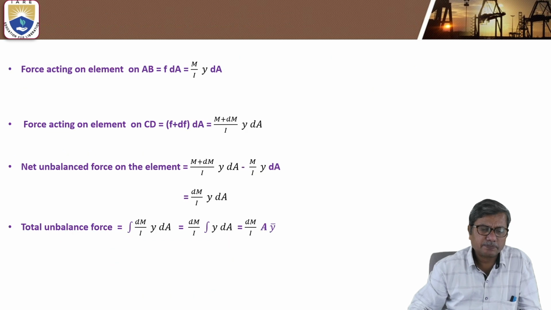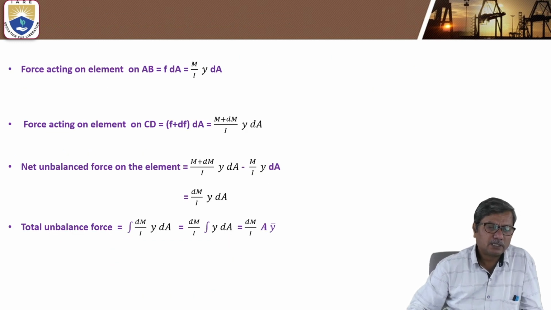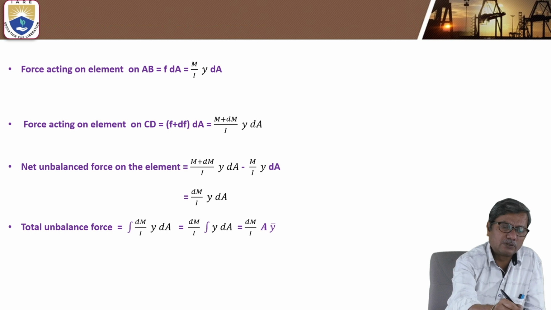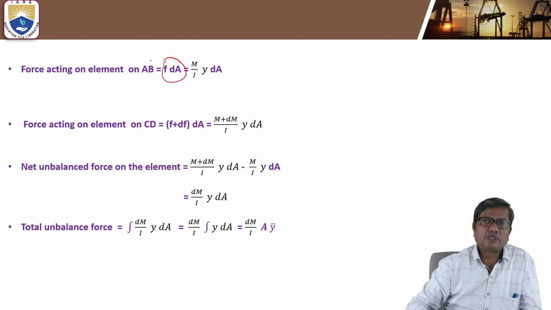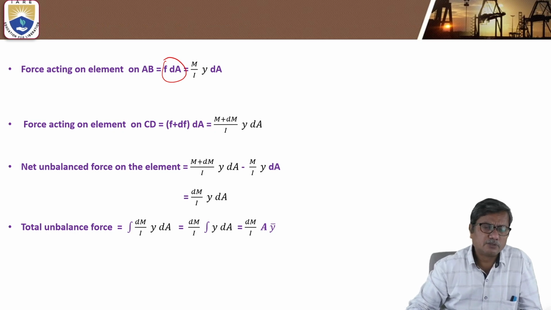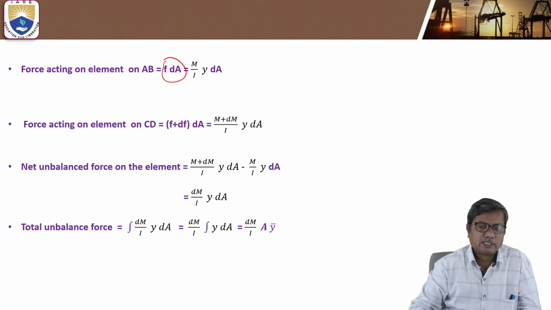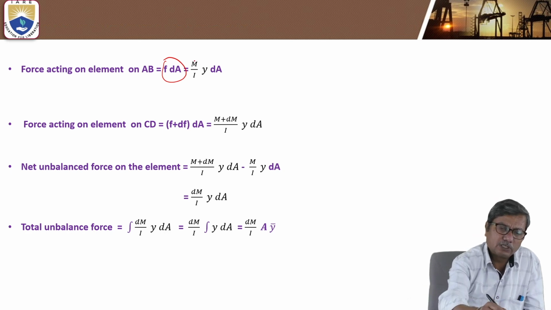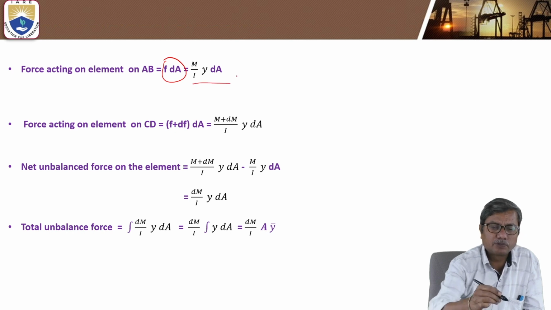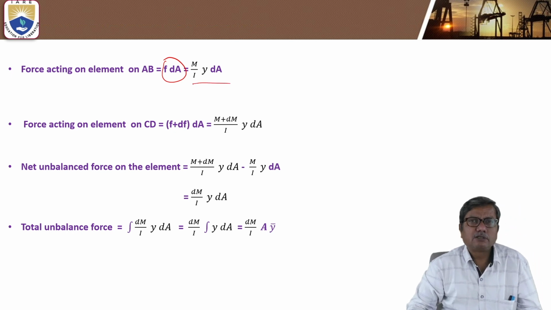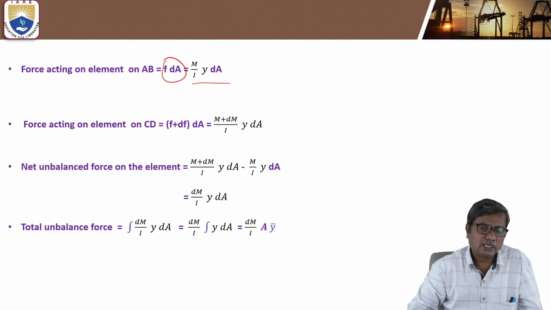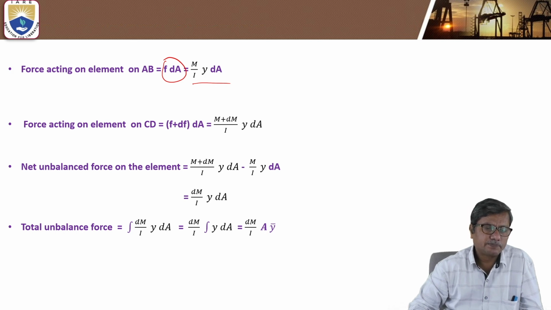Now the force on the elementary cylinder due to bending stress is sigma into dA, and we know sigma is equal to M by I into y. That is, the force acting on the elementary cylinder at the left end is M by I into y into dA, where dA is the area of the elementary cylinder.